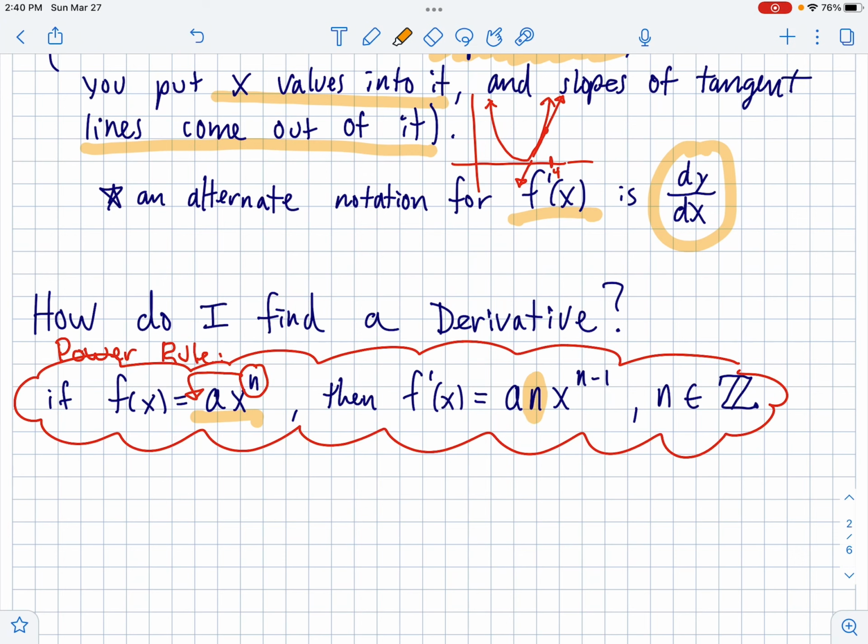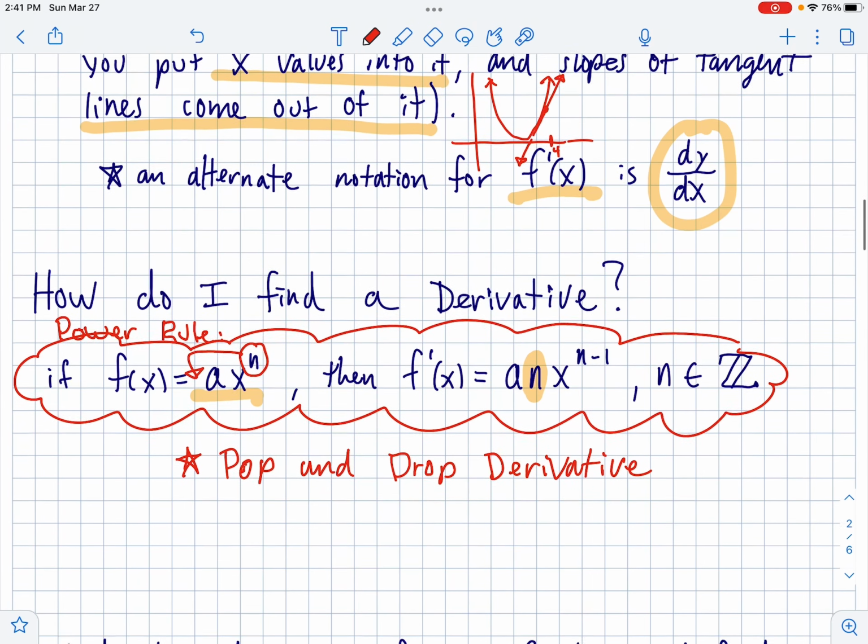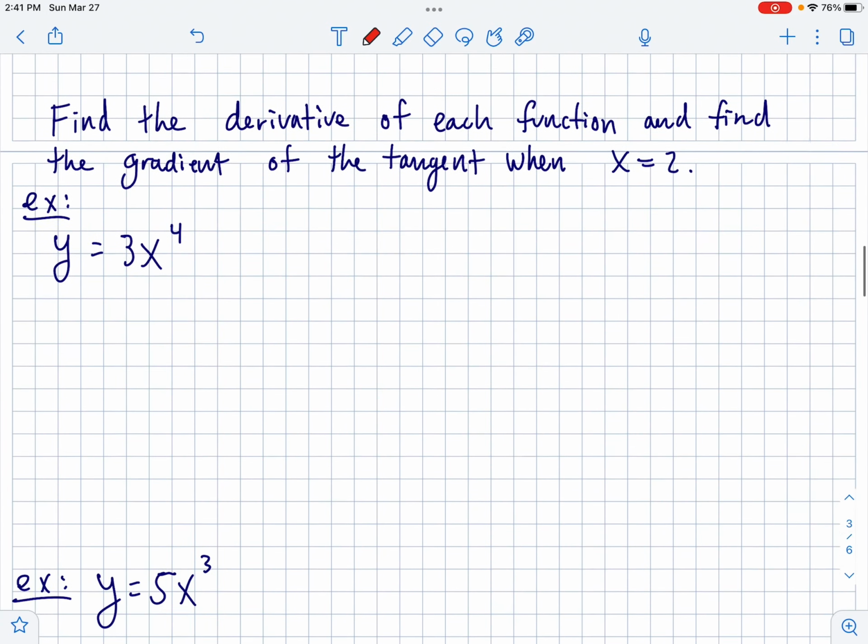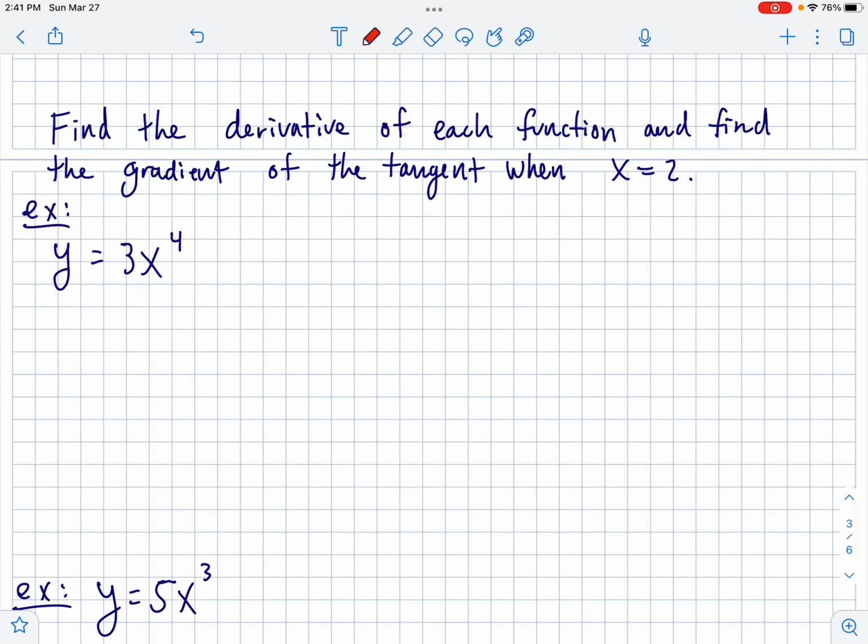So you take the n and you pop it out in front. So it lives out here. But then you have to subtract one. So I sometimes call this the pop and drop. Because you pop the power out front and then you drop it down one. Pop and drop.